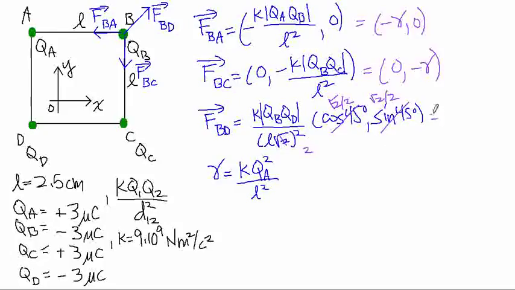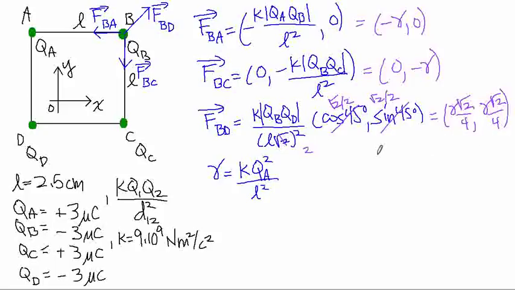So apparently that vector is equal to, let's see, gamma times root 2 over 4, comma, gamma times root 2 over 4.